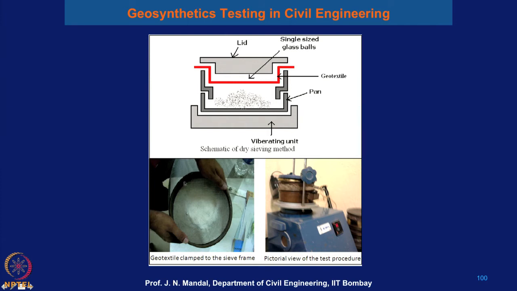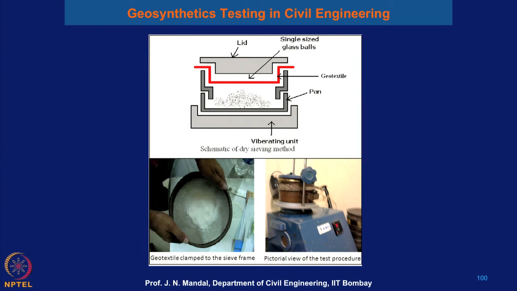You can see here, this is the lid, and this is your vibration unit. This is a schematic of the dry sieving method, and this is the pan, and this is the geotextile material which is tightened with the sieve, and this is the lid.